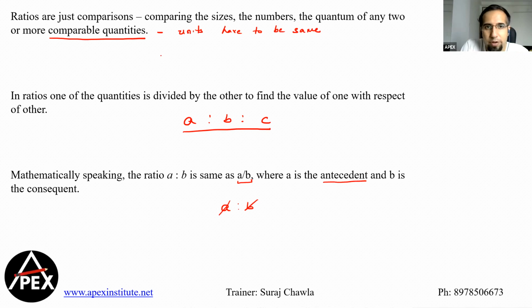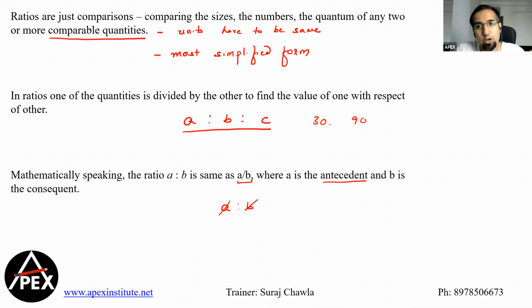The other important aspect of ratio is that ratios are expressed in the most simplified form. When I say most simplified form, which means the division should not have any common factors. So if I give you, let's say, 30 and 90, I can cancel all the common terms.